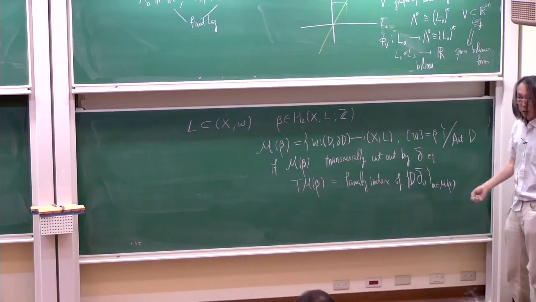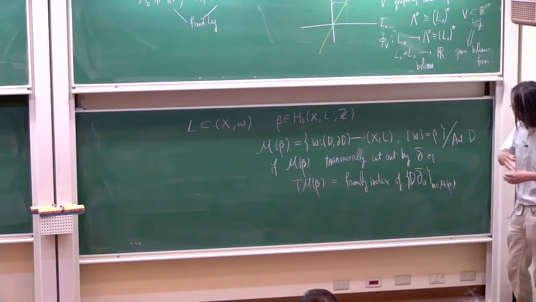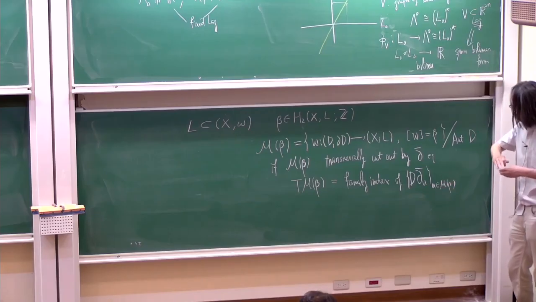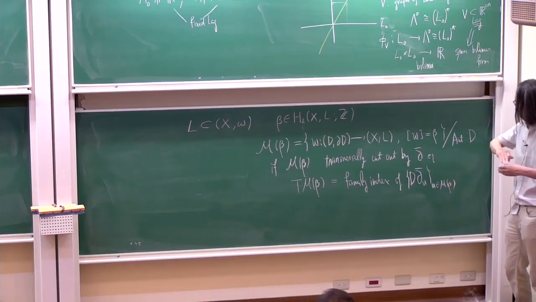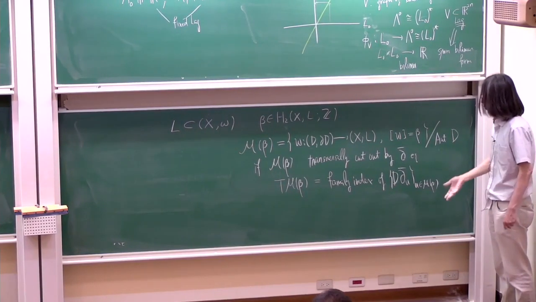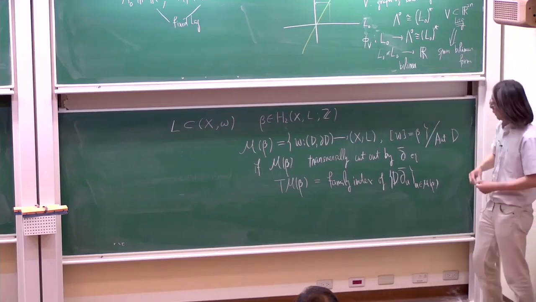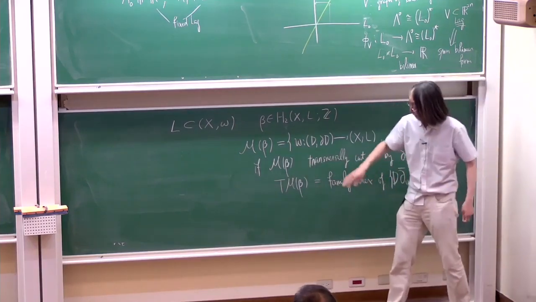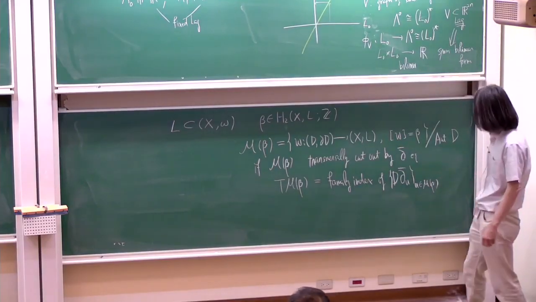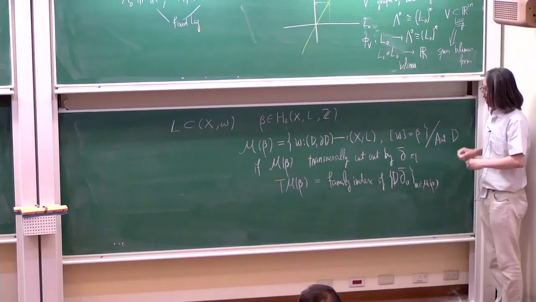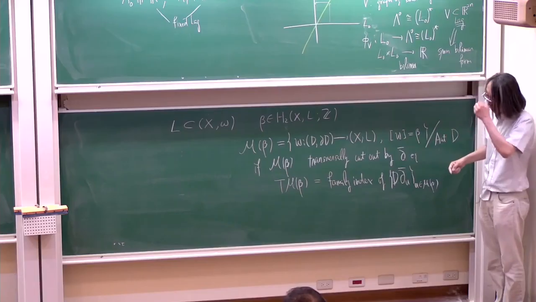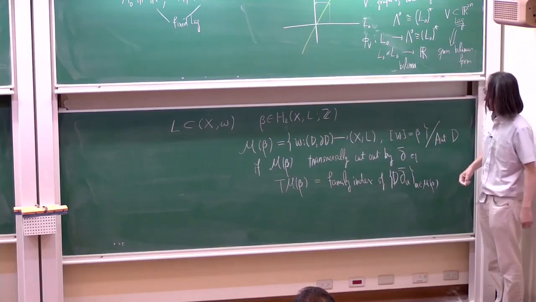So you have a Fredholm mapping, and if it is submersive, then the inverse image of 0 is this manifold, and the tangent space is certainly the kernel of this linearization operator. So therefore we have this. And so we want to give an orientation on this. But in general, it is not possible to give an orientation here.